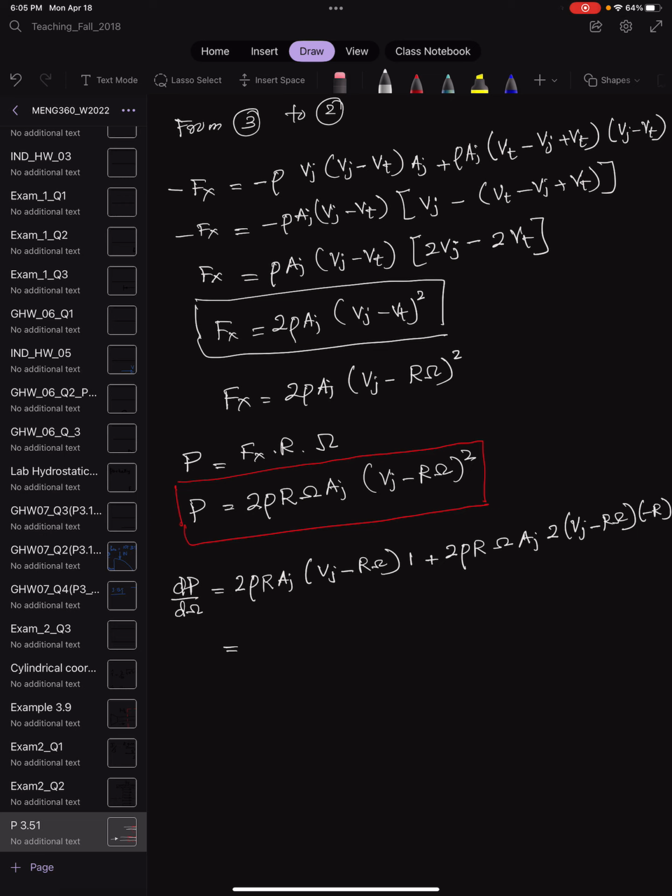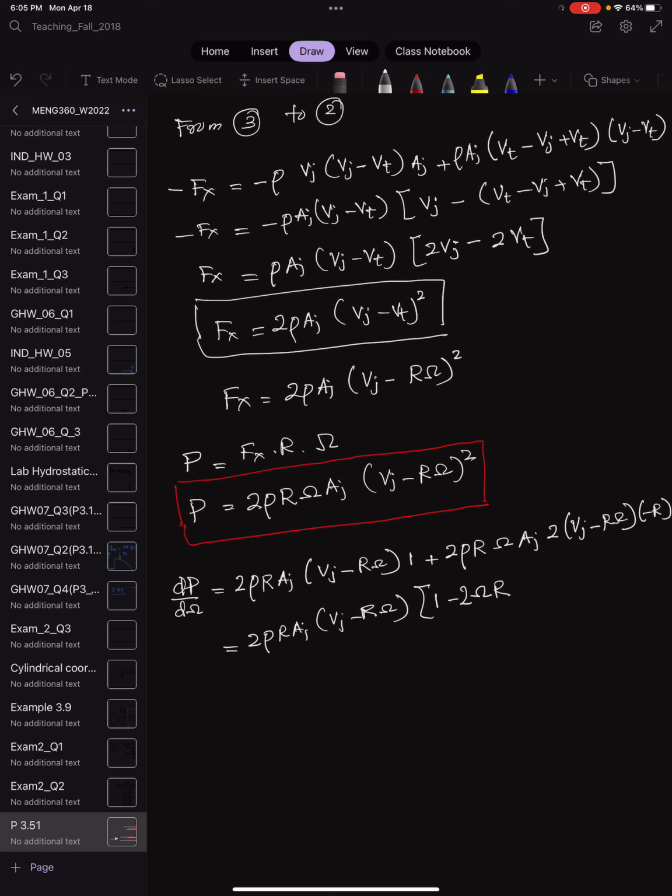Okay, so we have all of these, 2 rho r aj, vj minus r omega, as a common factor. So first term 1, and then it's going to be negative. All these should be gone except omega, and you have r, and then 2 r omega.